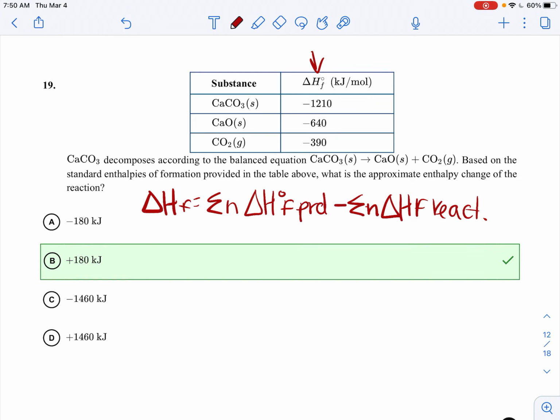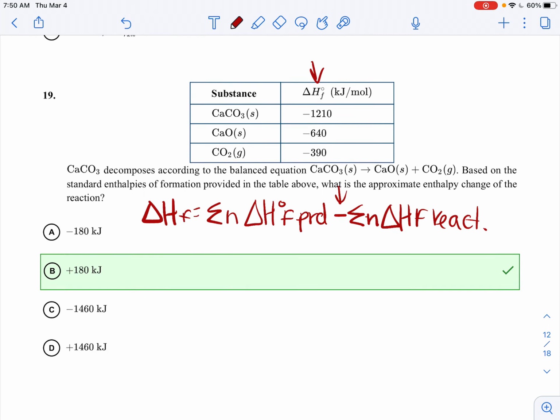Now, I may or may not have taught you wrong here, but give me 1 second, hold on. I want to double check this. Negative 640 plus negative 390. Okay, so in this case, notice it's minus, and that's going to help us solve the positive and negative signs at the end of it.